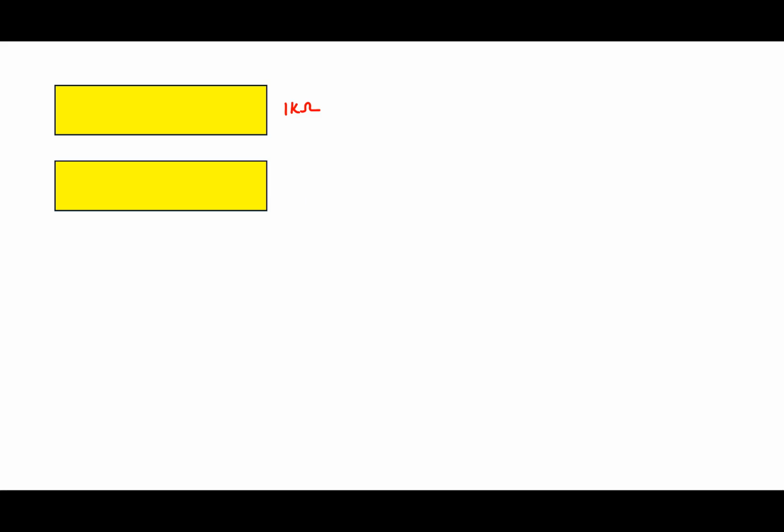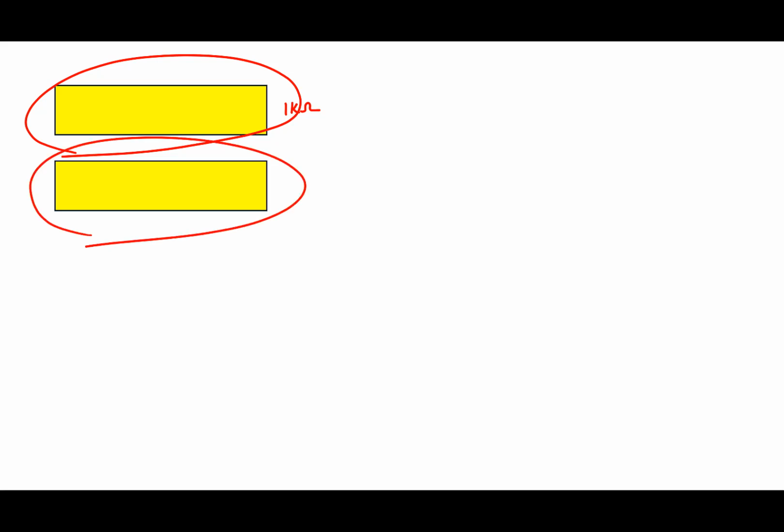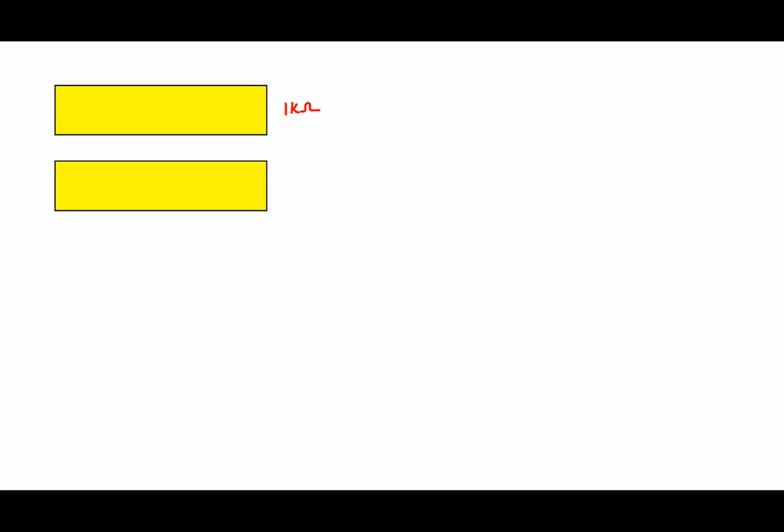But as I just mentioned, no two elements are identical in practice. This will not be 1 kilo ohm, simply because the fabrication process happening in this location might not be exactly what is happening here. See, here I have not drawn nice rectangles. In practice, we cannot etch out nice rectangular shapes. You'll have all kinds of weird geometries. So the geometry you see here might not be the same as the geometry here, and the resistance value will be different.